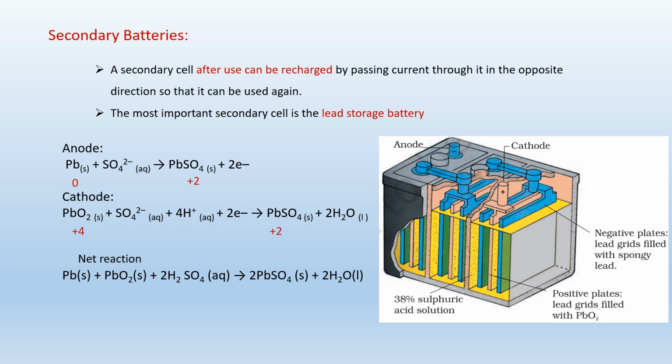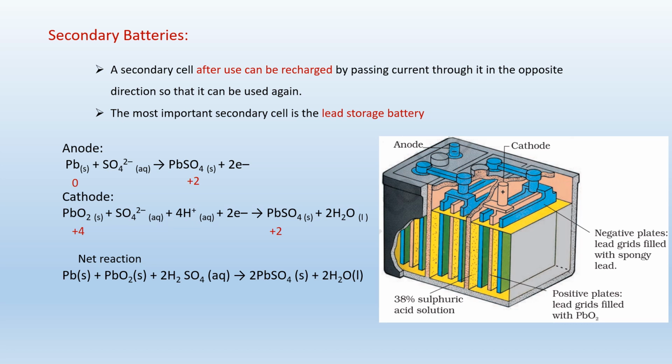And coming to the parts, lead acts as an anode and lead oxide acts as a cathode. Pb acts as an anode, PbO2 acts as a cathode. You can see in the reaction also, I have written Pb solid, PbO2 solid as a cathode, right?